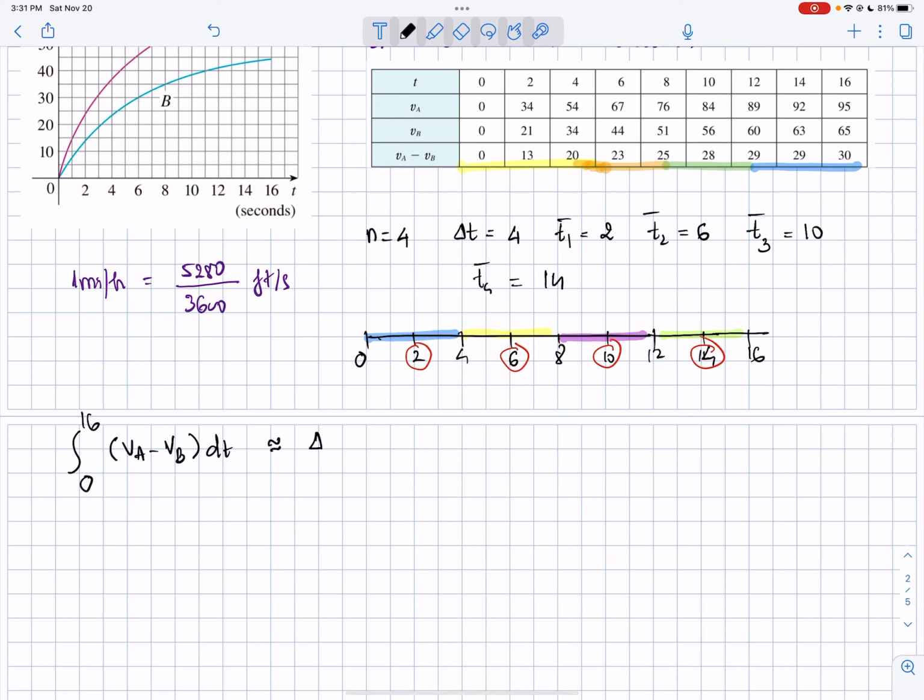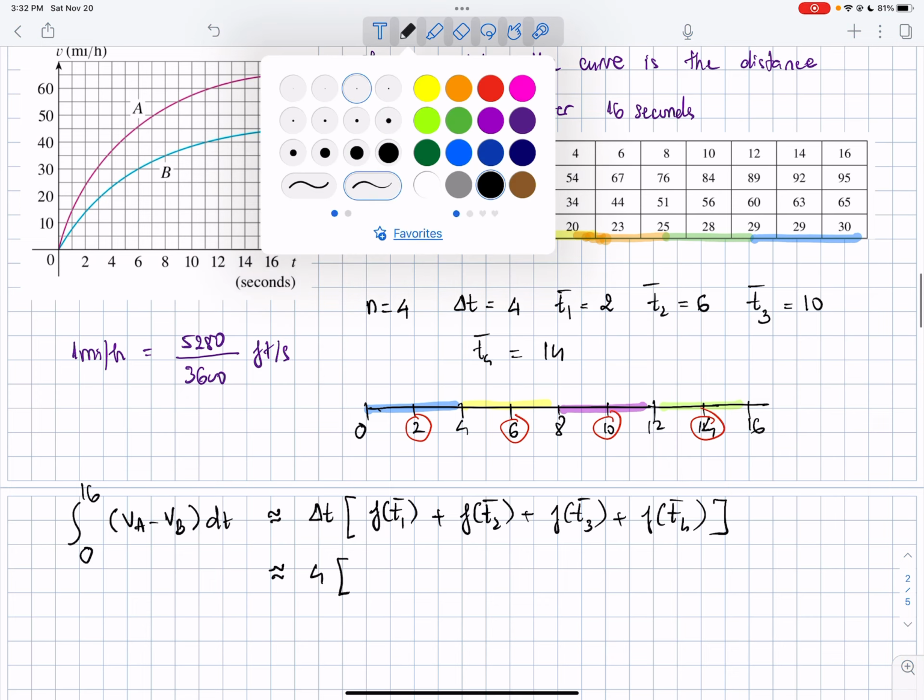The width is delta t, and we have f of t1 bar plus f of t2 bar plus f of t3 bar plus f of t4 bar. They are the heights. So it is equal to 4, and then we plug in at these points.